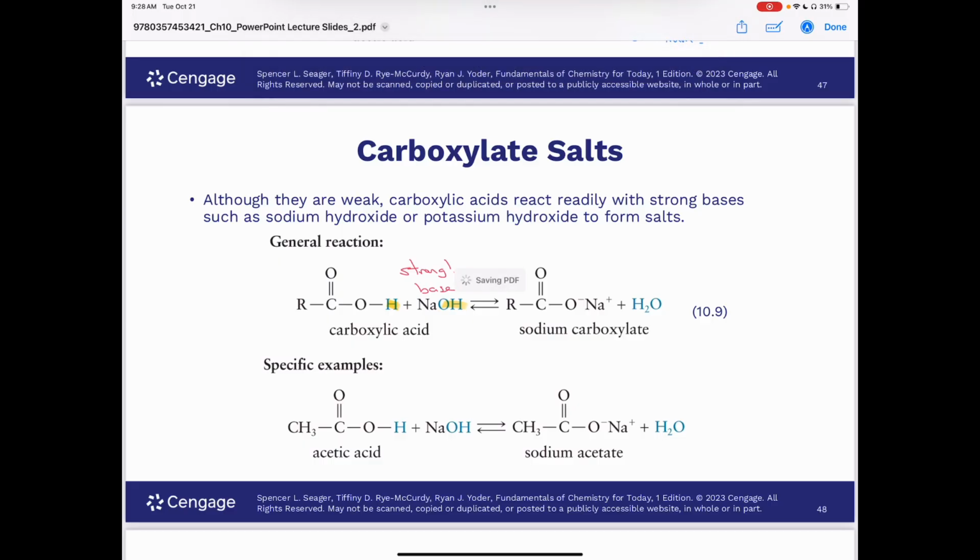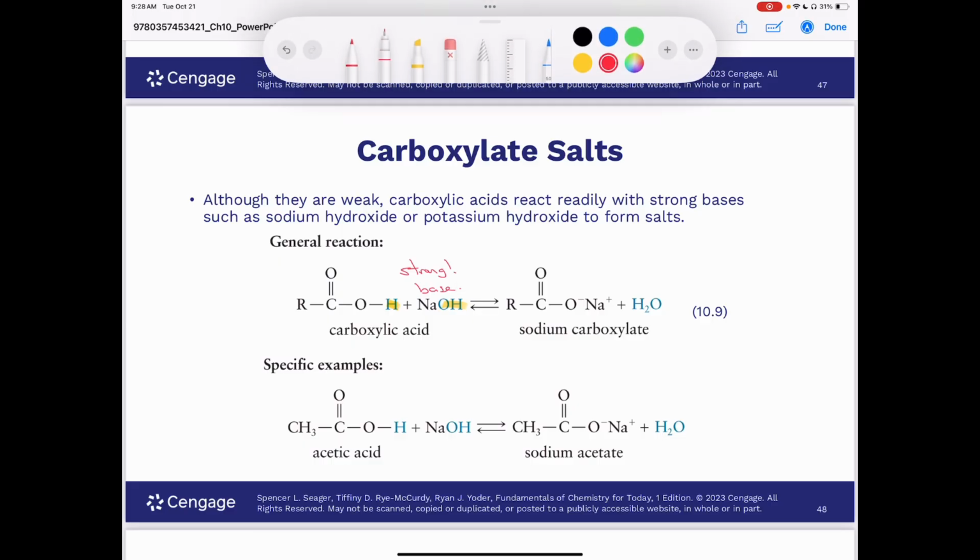It's going to rip that proton off like nothing to make your carboxylate salt. And here's a specific example. If we take acetic acid, we treat it with sodium hydroxide. The hydroxide and the H plus ion from the acetic acid combine again to make water, as we saw in the previous example. And the salt that we get is sodium acetate.